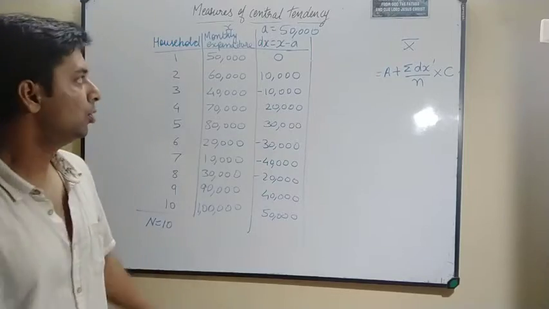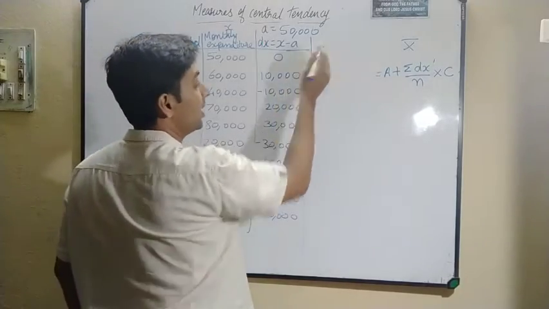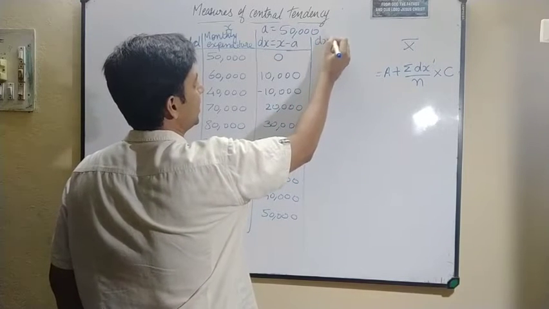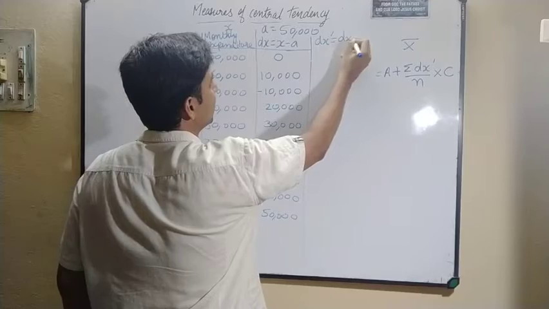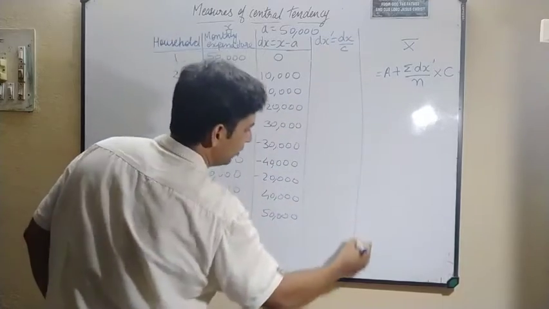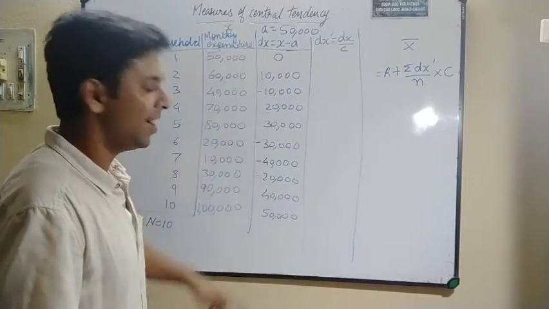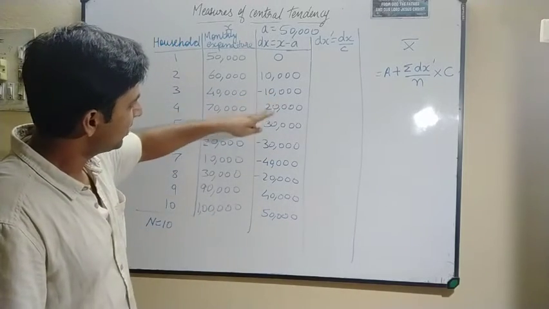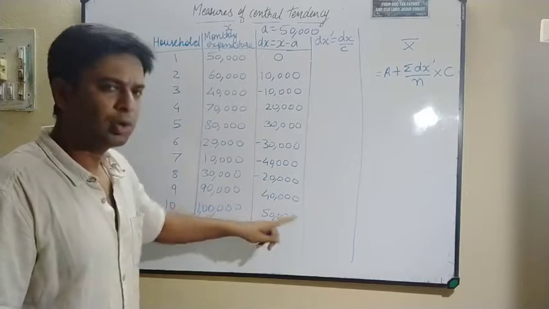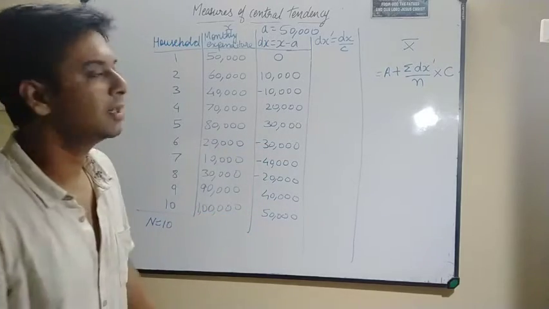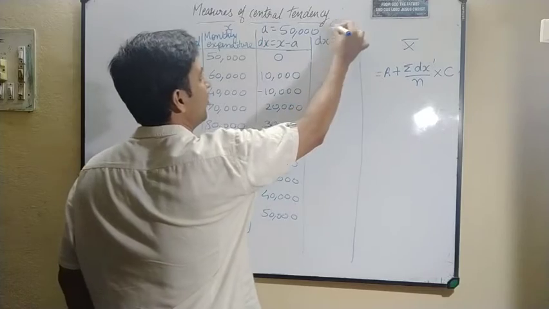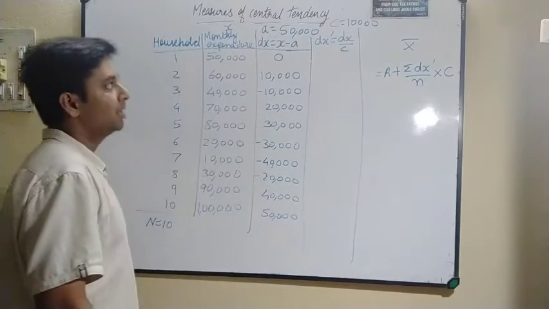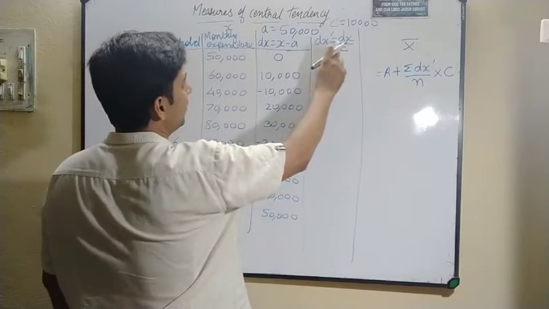So what we are supposed to do now, we are going to move to our next step. Our next step will be dx dash, and this will be dx by c. What are we going to do? We will divide dx by the common factor that we can see in it. One thing seems common in all the numbers, that is 10,000. If it was 1,000 we could take 1,000, but here we can say it is 10,000. So this c will be 10,000, and we are going to divide all these values.